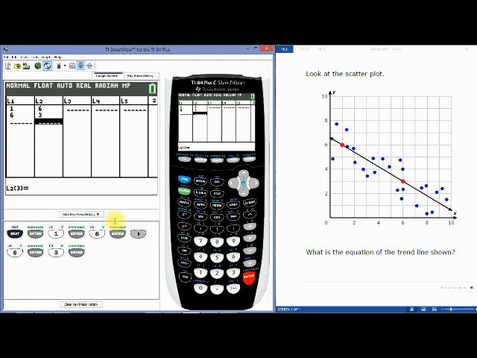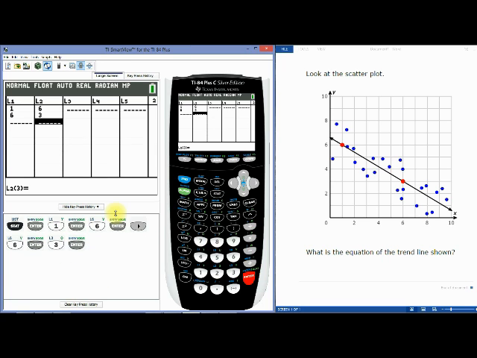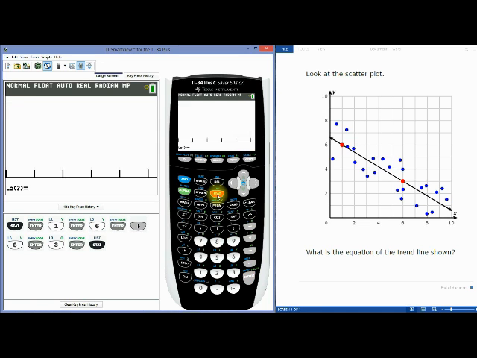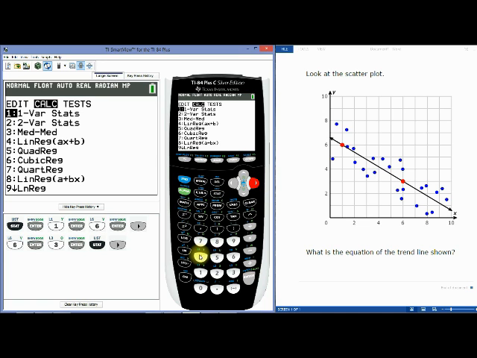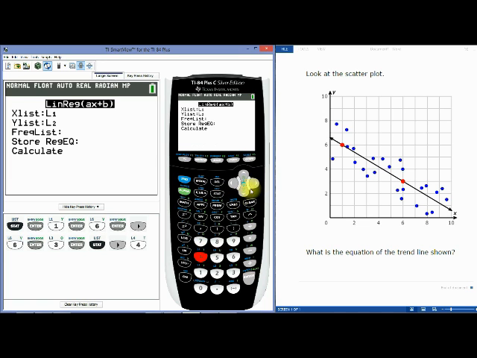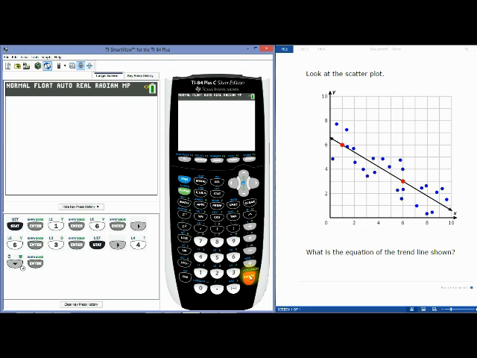Now I have my points in the X and the Y columns. Now I'm going to do my linear regression. L1 is X, L2 is Y, so there's nothing I need to change there. And I calculate.